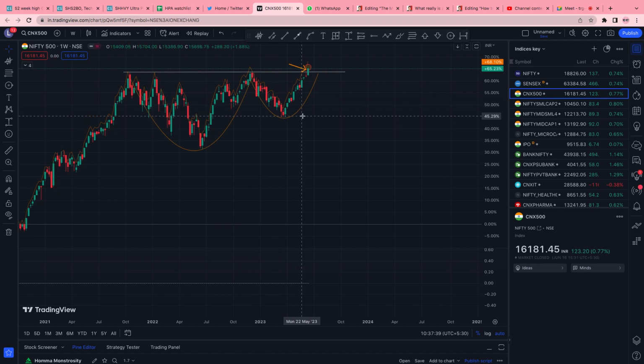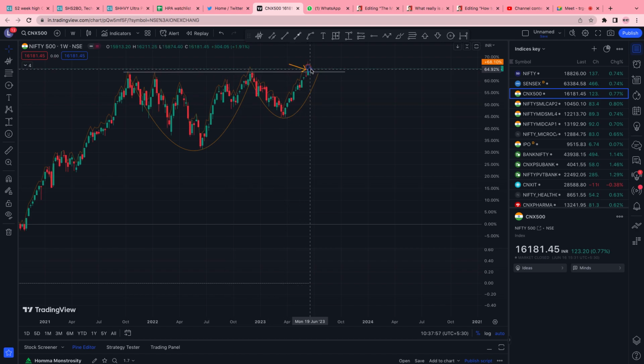I'm repeating this again: the way to judge a leader or outperformance is to answer this question right after the market is trying to come out of the base. Which are the stocks and sectors which have already done this?